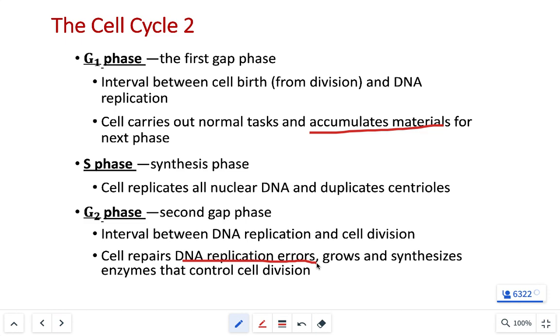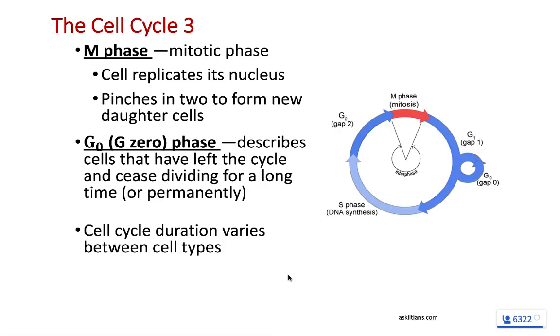So during this G2 phase, we have other enzymes that will scan the molecule of DNA, comparing the brand new side to the older side and fixing any mistakes that were made. It's the proofreading phase. Something else that happens is that we're going to continue to grow the cell. We're going to add more enzymes, more organelles. This is the checkpoint, and we get ready to replicate the cell.